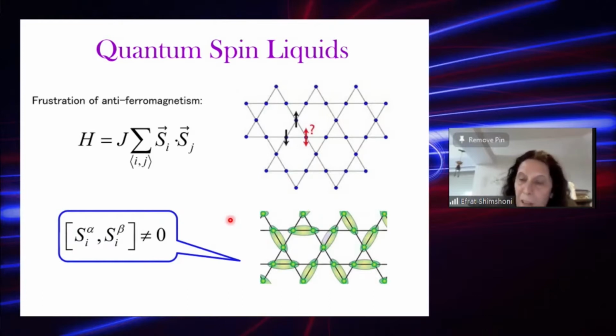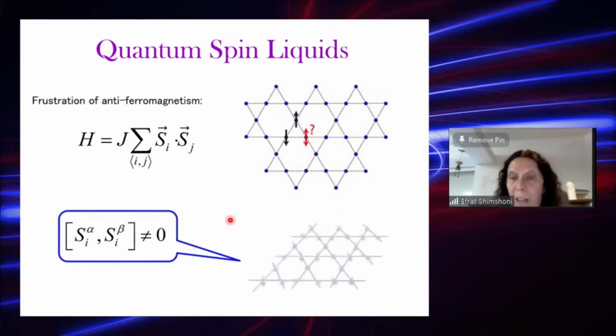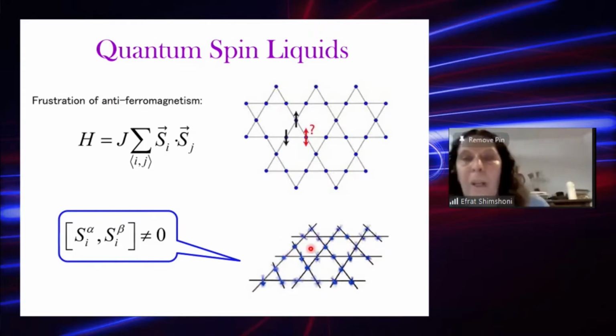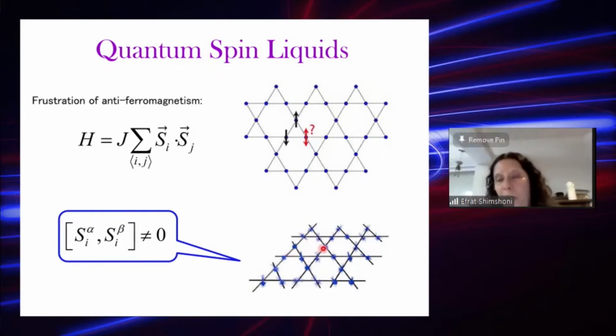But a more interesting possibility is that such a quantum state, such a valence bond, is itself fluctuating and generates a state that we generally dub as spin liquid, and its main feature is that there is no order.